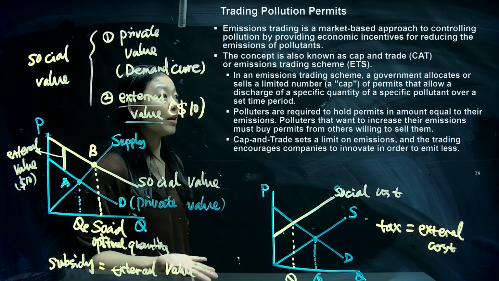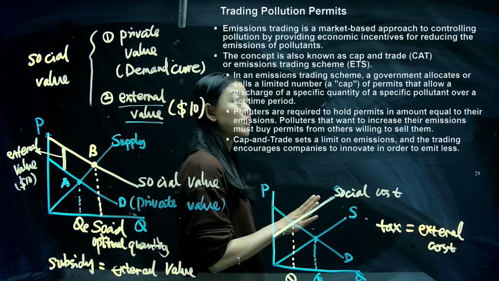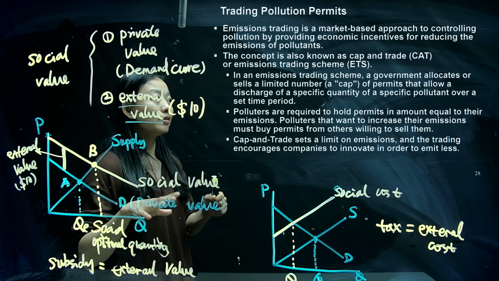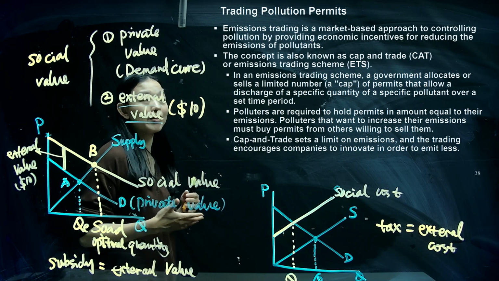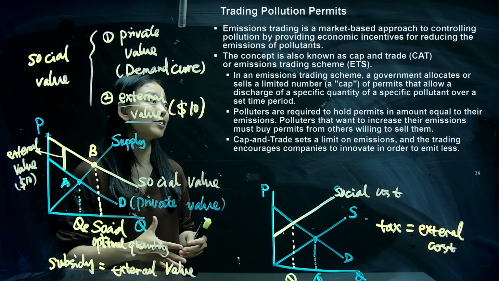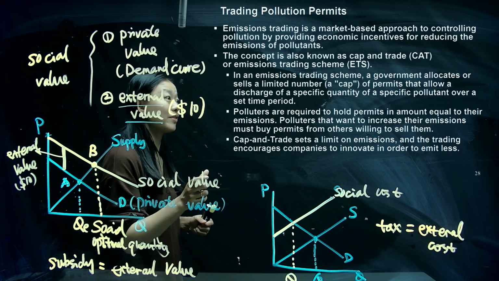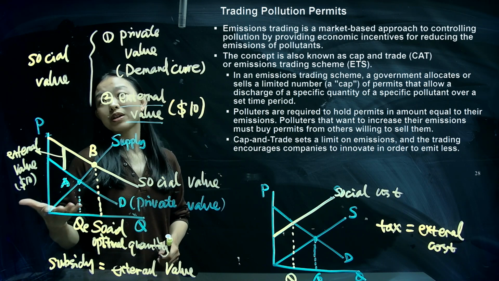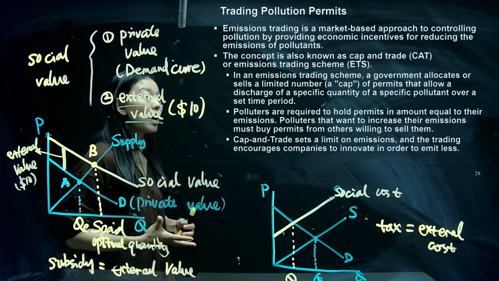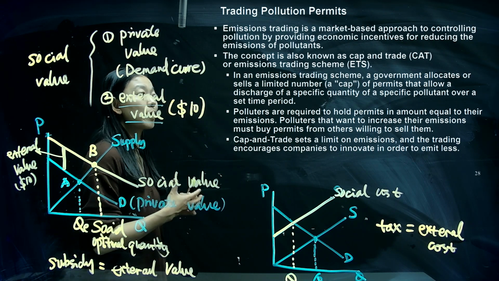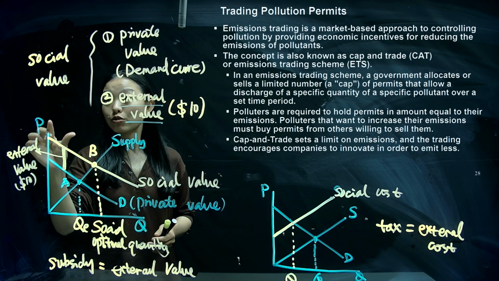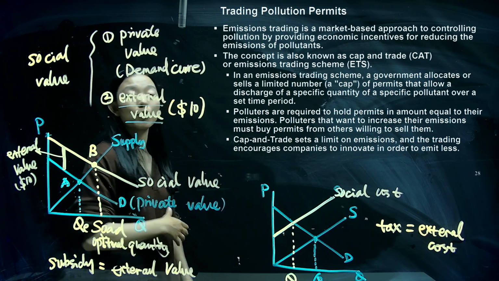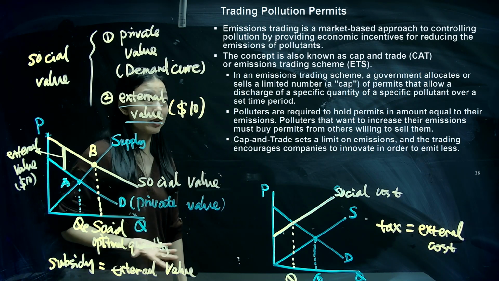So for example, in an emission trading scheme, a government can allocate or sell a limited number of permits that allow discharge of a specific quantity of a specific pollutant over a period of time. And then the factories, firms and corporations are required to hold those permits equal to the pollutants that they will emit. So they will buy those permits from the government.